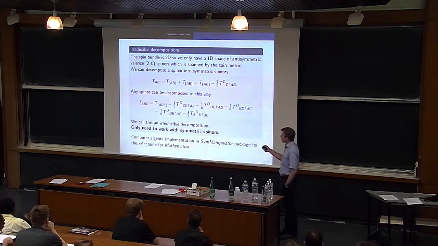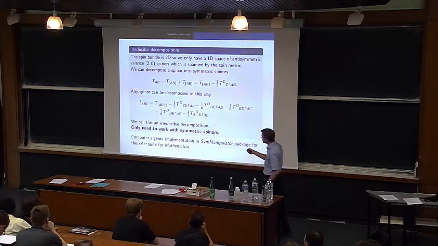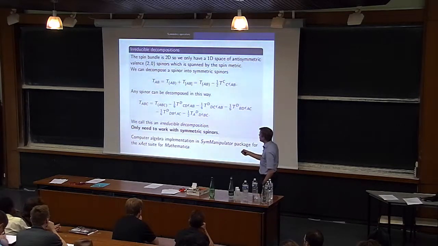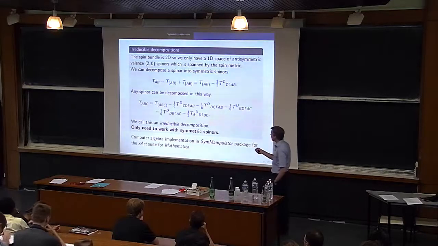Now if we apply this to the following idea, if we begin with just any spinor with two indices, then we can split that into a symmetric and an antisymmetric part. That's very easy, and that can always be done.